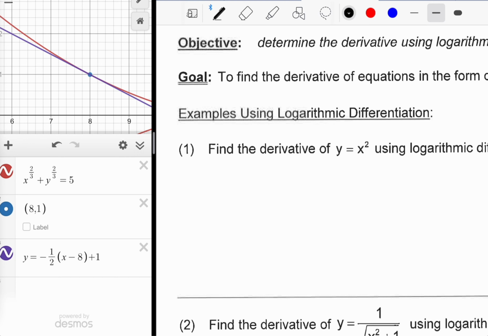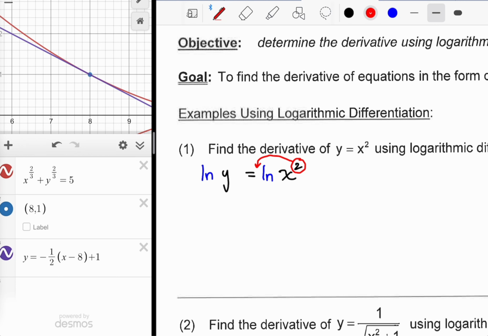All right? Now, the very first step is to introduce a logarithm. So we take the natural log of both sides of the equation. And that allows us to take any exponent and make it a coefficient.